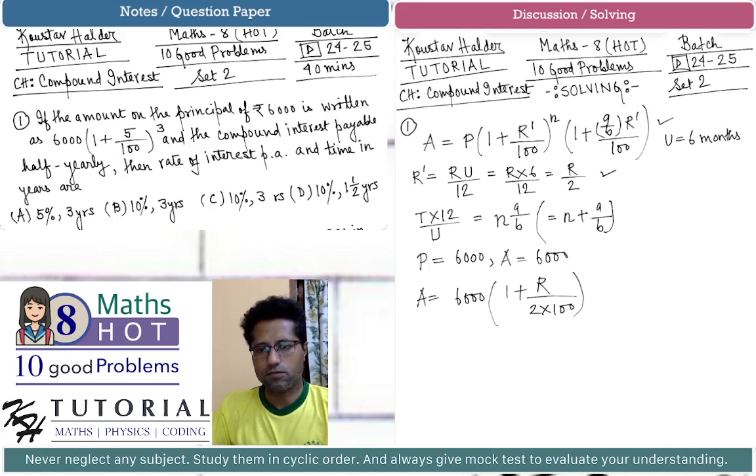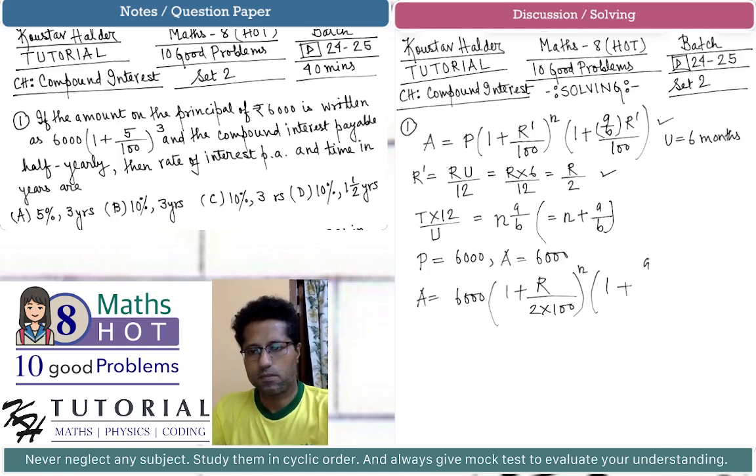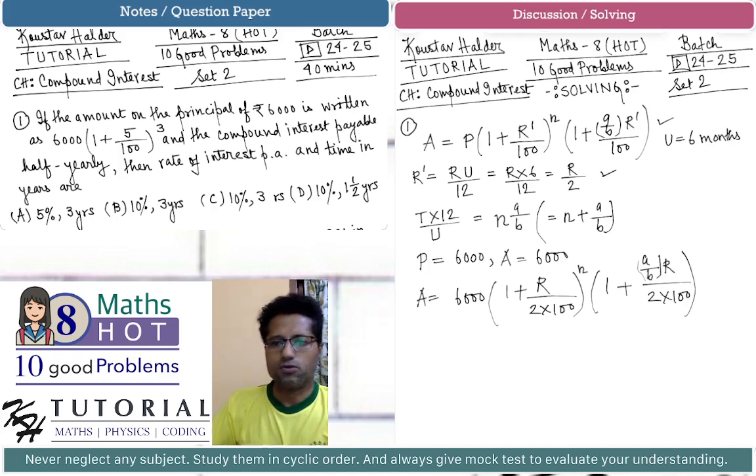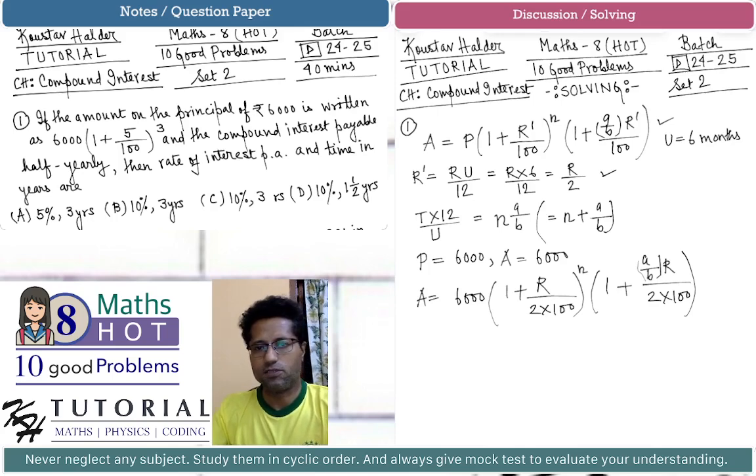So we will have small n multiplied by 1 plus a by b, the fraction a by b, and this r dash is equal to r by 2. So this should be the formula of the amount as per the given information based on our general formula.